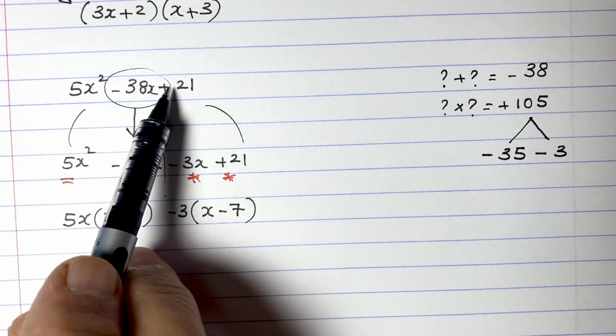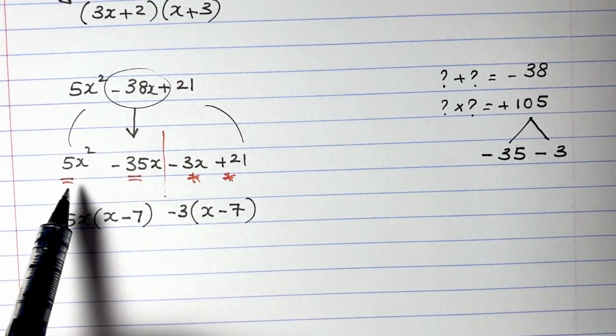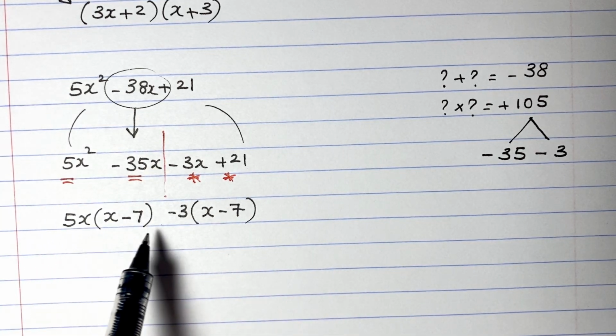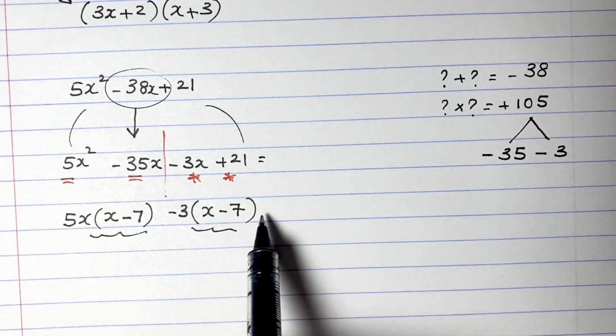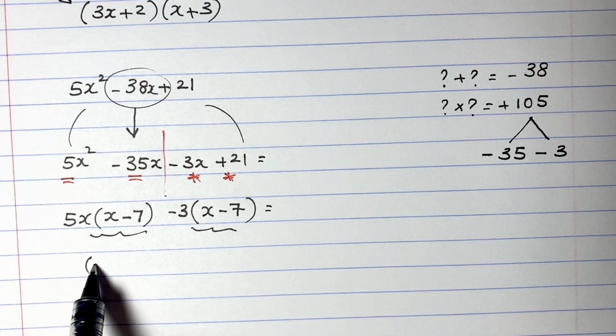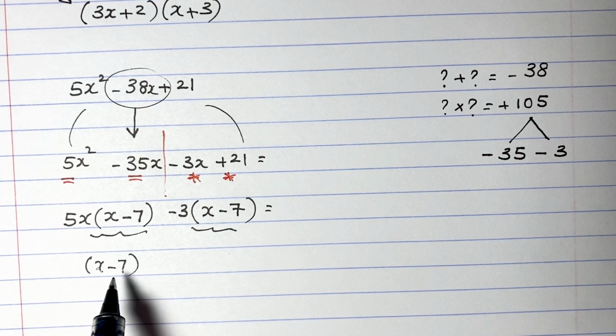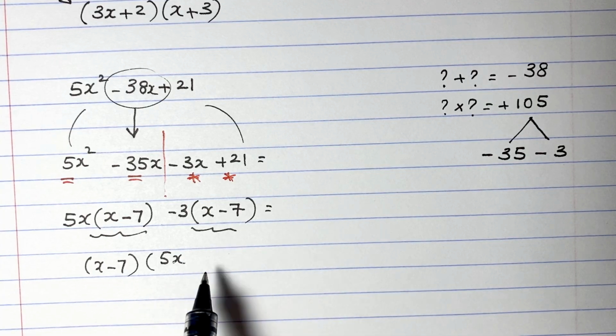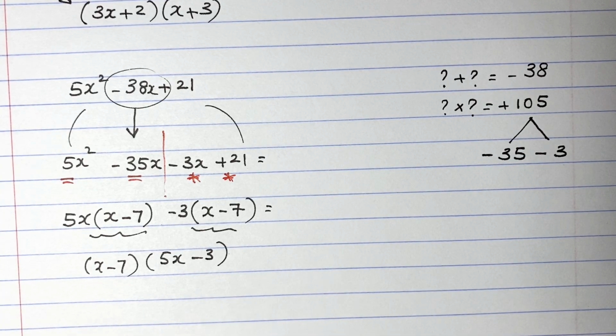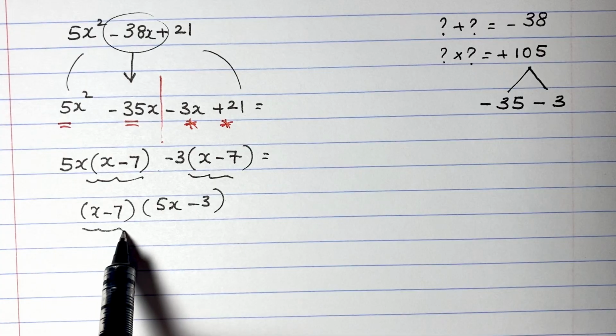So from 3-term factorization, we came to 4 terms, from 4 terms to 2 terms, and then we factorize the bracket as before. Cover the bracket, you're left with 5x. Cover the bracket, you're left with minus 3. So that's the final answer.